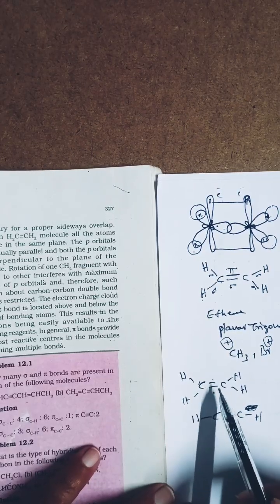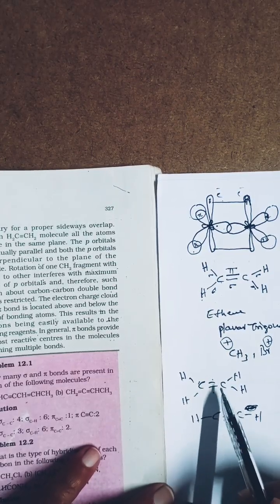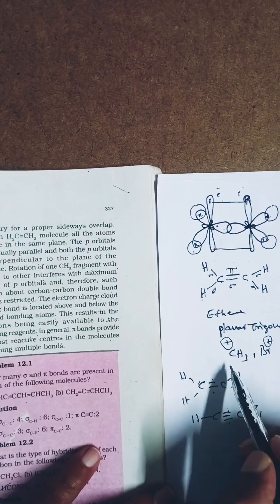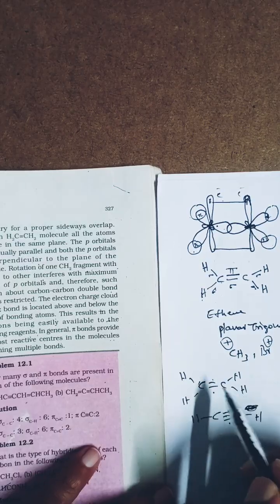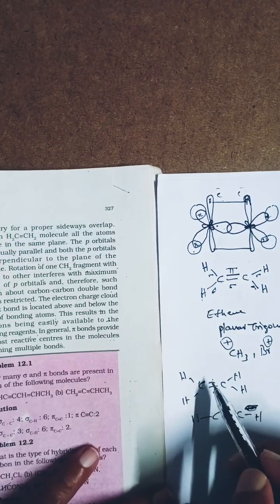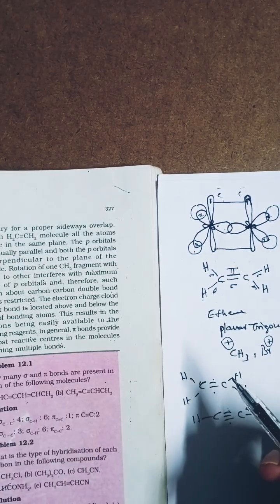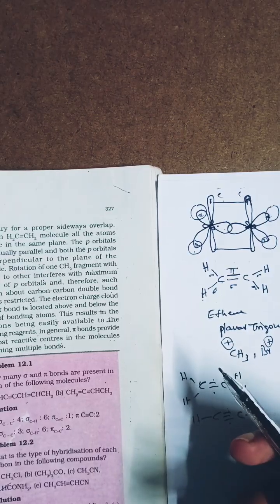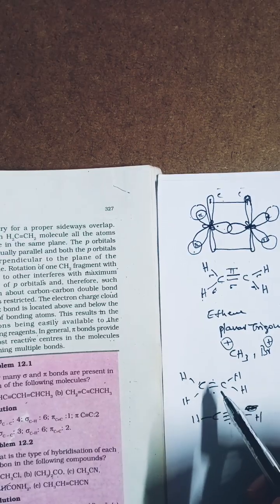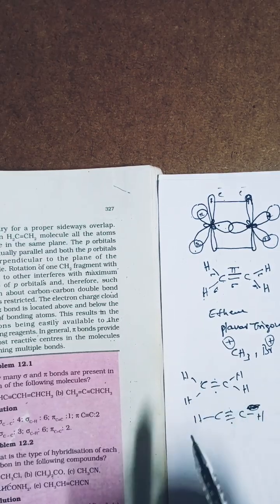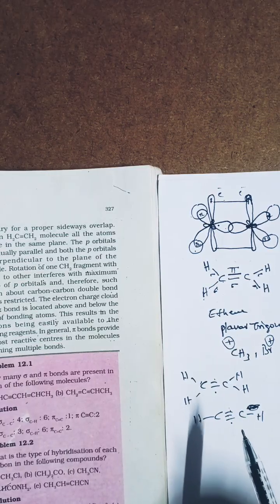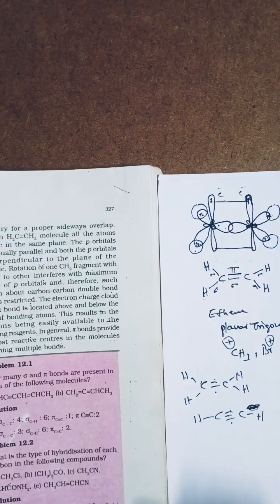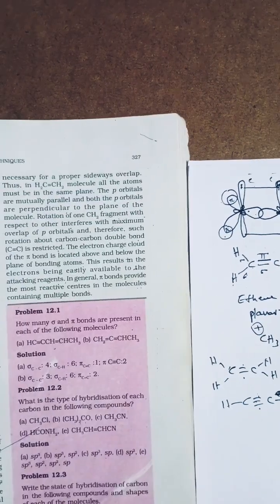These kinds of bonds will easily attack reactive intermediates. That means this electron density is available for reactions in the molecule. Okay, these are some characteristic features of pi bonds. Now here is a problem.